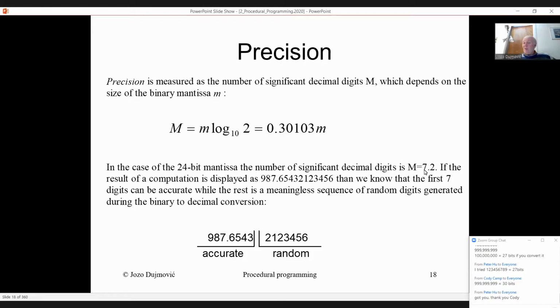So in standard precision, we have real numbers that have 7 significant decimal digits. So this is 1, 2, 3, 4, 5, 6, 7. Therefore, this has a chance to be accurate and can be stored in memory. Whatever comes after that is random junk that is generated by the algorithm that converts binary to decimal.